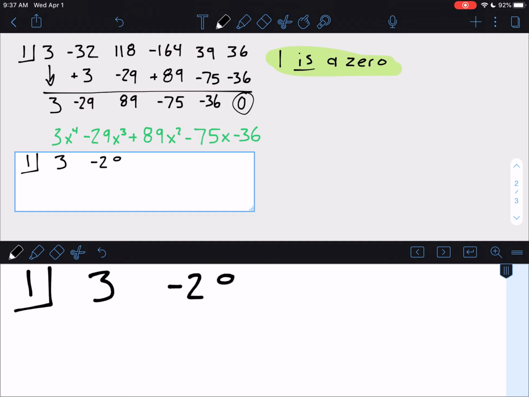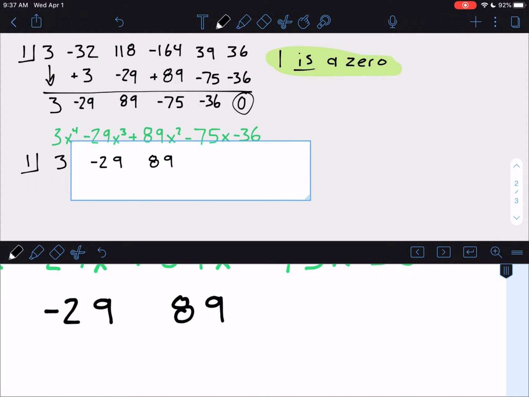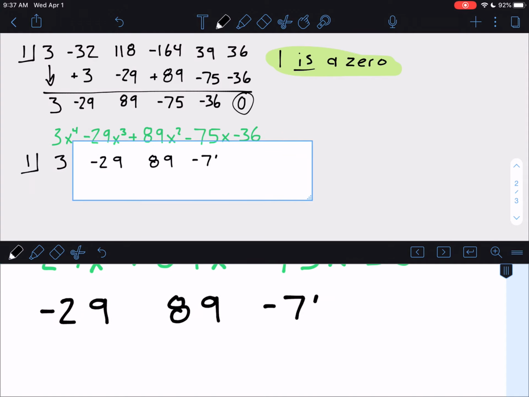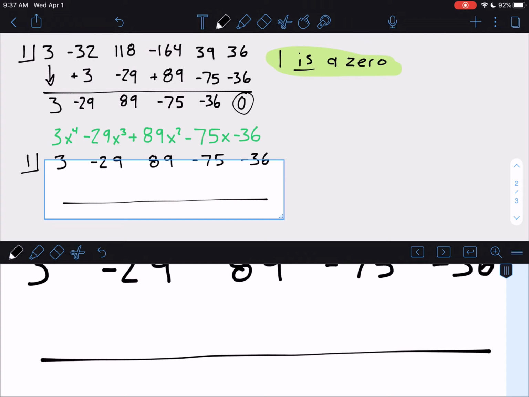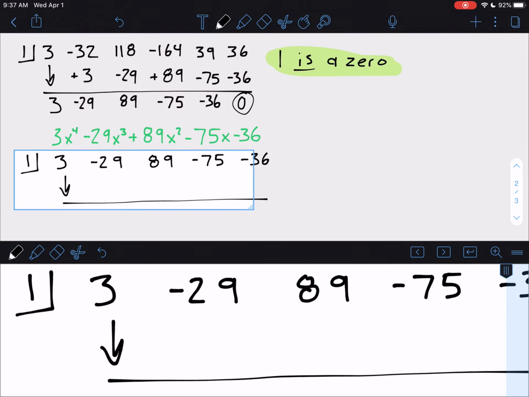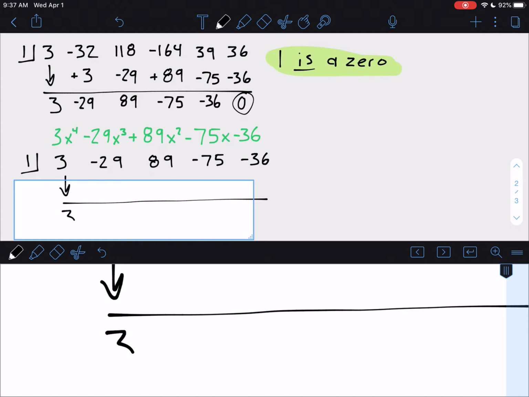My new coefficients are 3, negative 29, 89, negative 75, and negative 36. And give myself that nice underline, bring down the first number. So I'm going to write my 3 down there.